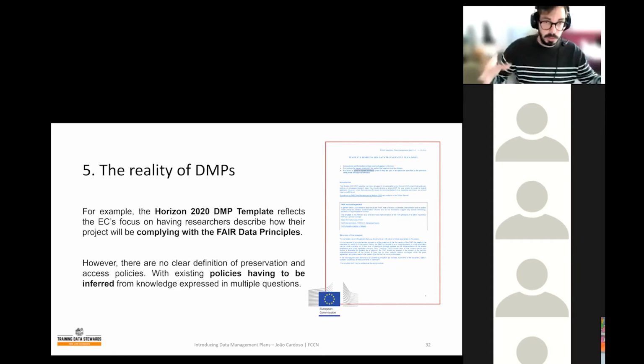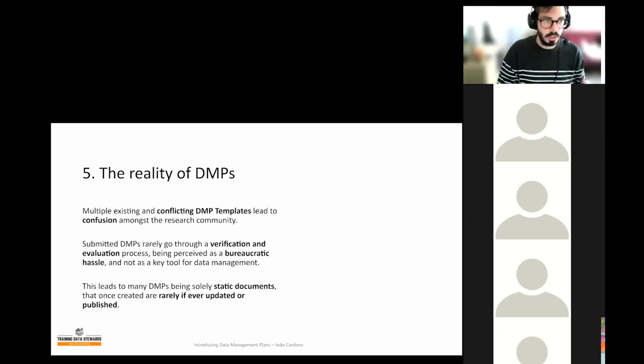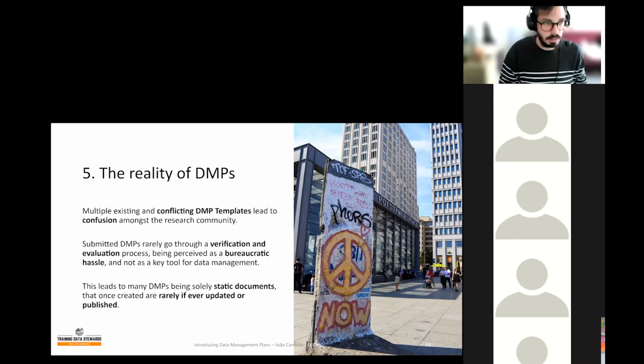Everything was a bit mixed together, which added to the confusion, and any specific knowledge other than how the researchers were complying with the FAIR data principles had to be inferred. So it was not explicit. You would have to go over the document and infer a lot of information from it. This is obviously not ideal.